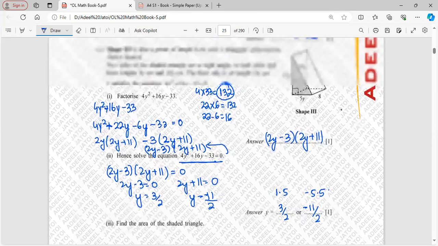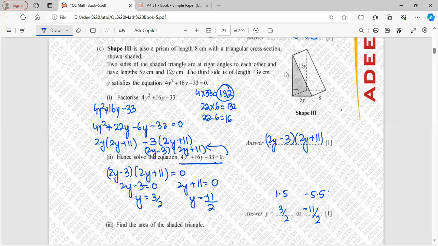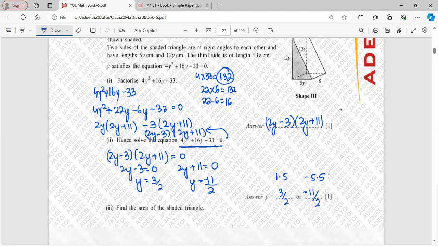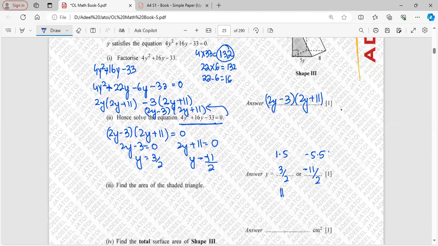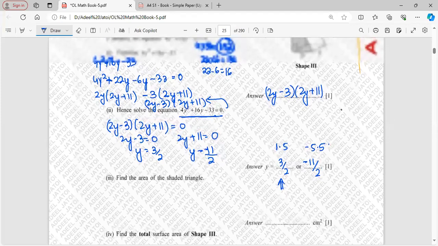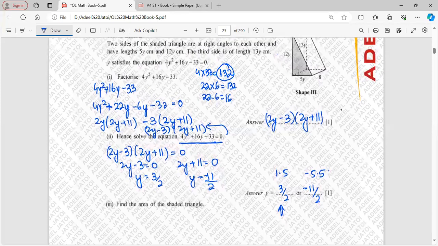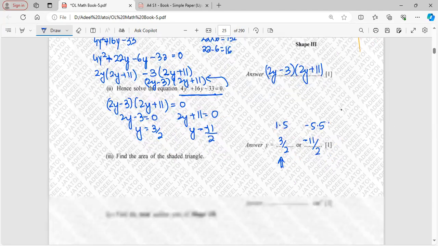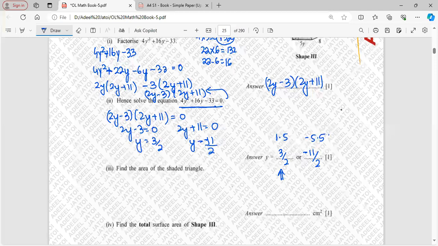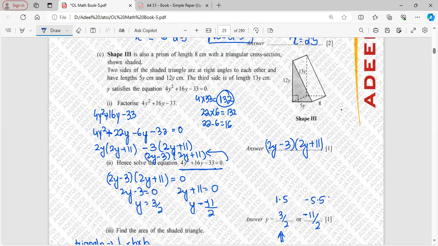Find the area of the shaded region. Now, obviously, you're going to take 1.5 as the value because the negative value will be ignored, right? So y will be taken as 1.5, but we need to find out the area of the shaded region. That is a triangle. So a right angle triangle's area is half into base into height. If you see, this is base and this is height.